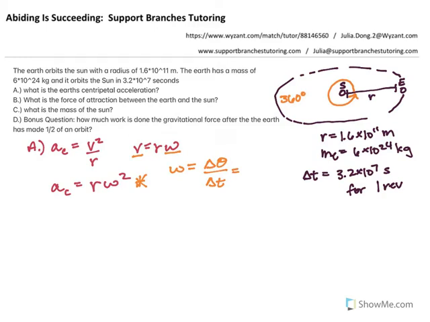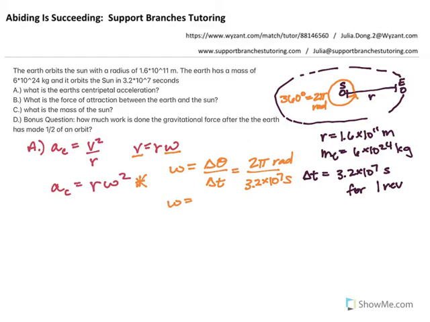But we don't typically write angular velocity in degrees. We usually use radians. So 360 degrees is equivalent to 2 pi radians. That's our angle. It goes one revolution, or 2 pi radians, in 3.2 times 10 to the 7 seconds.